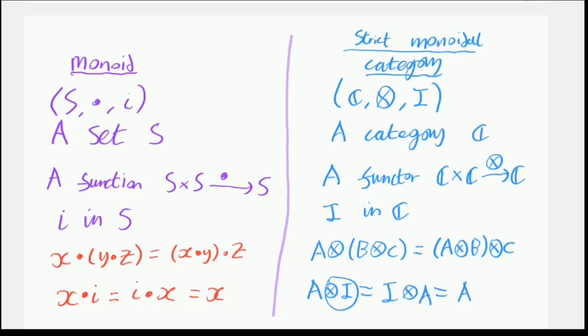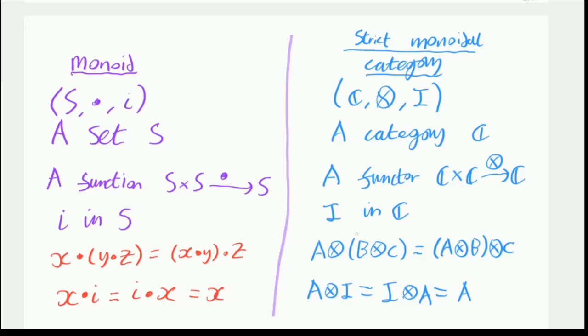So timesing an object by I just yields that object back again. This circle times functor here is often called tensor product, or monoidal product.